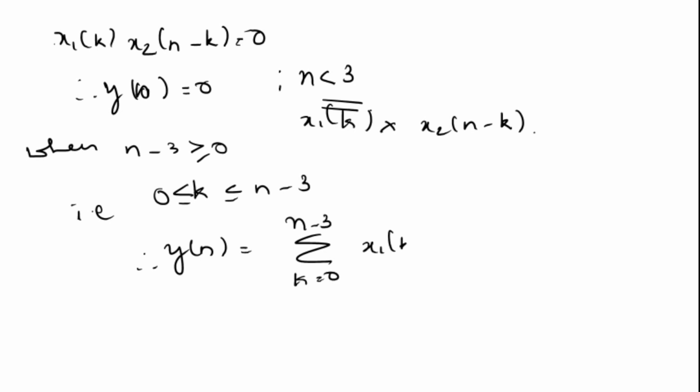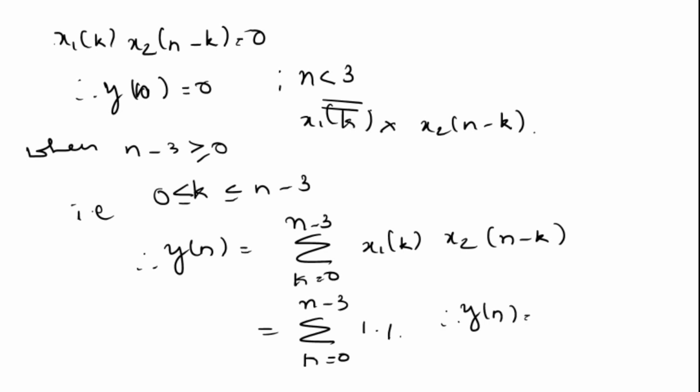Therefore, y of n is equal to summation k is equal to 0 to n minus 3 x1 of k into x2 of n minus k, which is equal to summation k is equal to 0 to n minus 3, 1 into 1. Therefore, y of n is equal to n minus 2 when n is greater than or equal to 3. Summarizing the result, y of n is equal to 0 when n is less than 3 and n minus 2 when n is greater than or equal to 3.